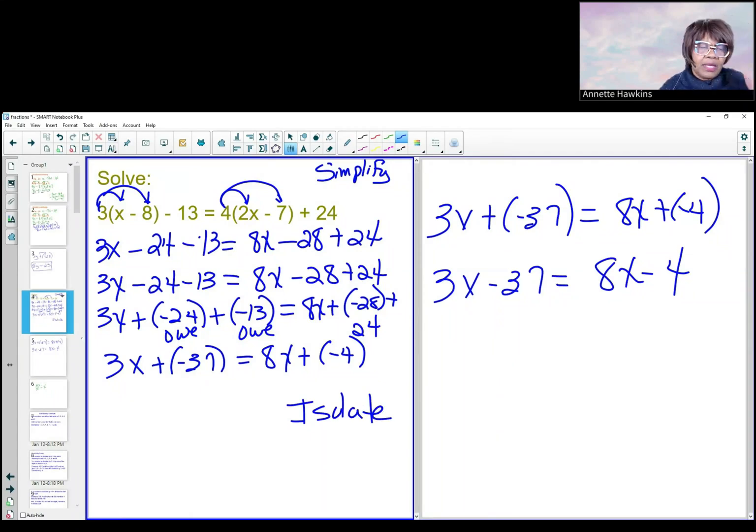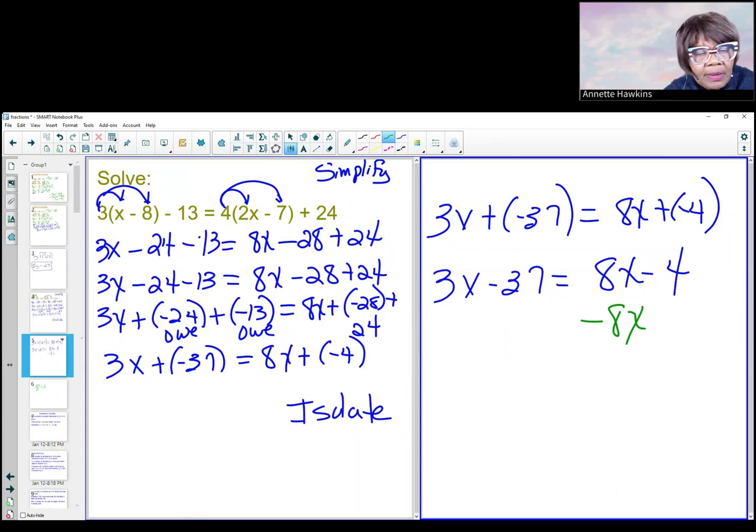Now isolate means to put the variables on one side and the numbers on the other. So I'm going to subtract 8x from both sides. Now, if you recall from last week, I said that if you don't put the variables on the side with a higher coefficient, then your numerical coefficient is going to be negative.